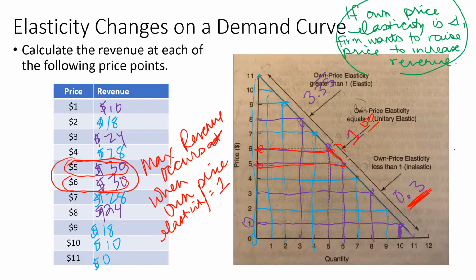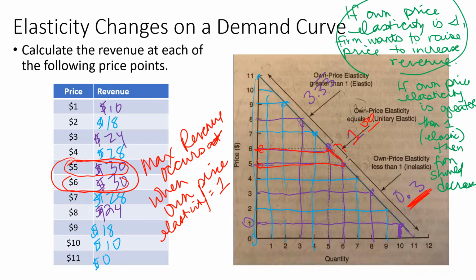However, if own price elasticity is greater than 1, I should say elastic, then firm should decrease price to increase profits.